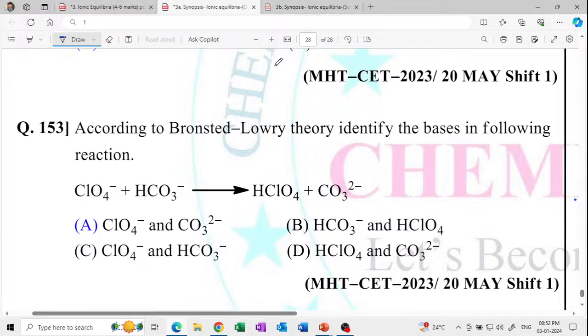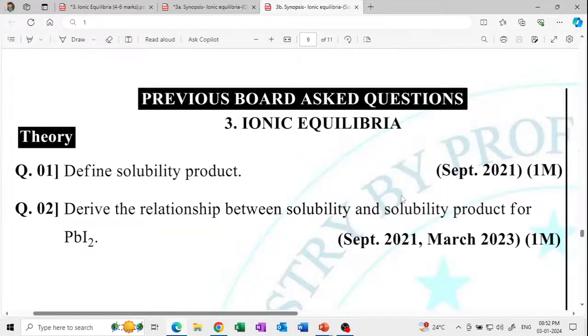Okay, now start the next. Solubility product. What is the definition of the solubility product? 1 mark साठी question आहे solubility product.